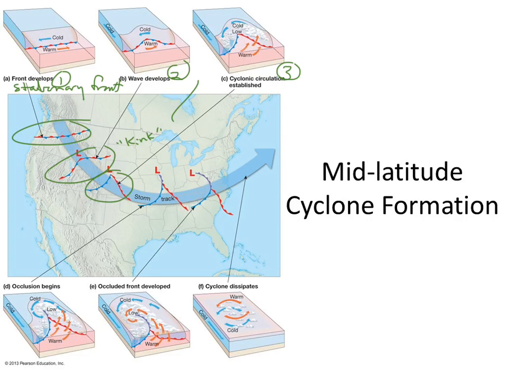And then finally down here, at this stage, we do get your occluded front. It's mature, and it should have the winds that go along with maturity, and precipitation. We have elongation here, and not shown here, it basically just dissipates into nothing.